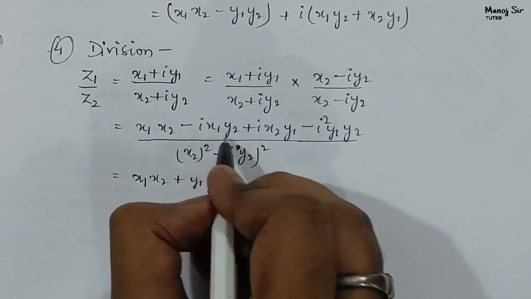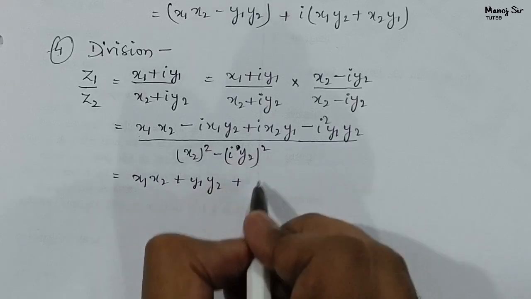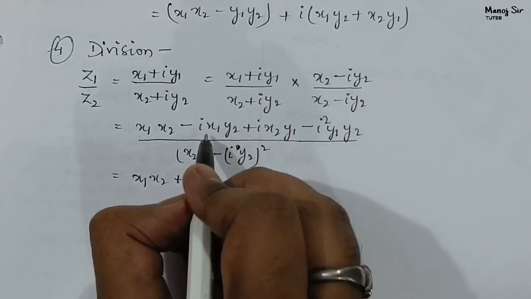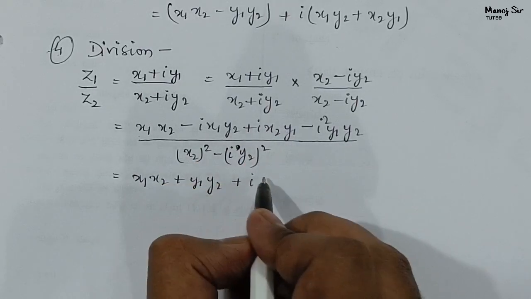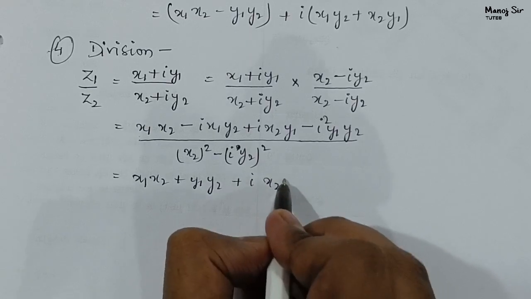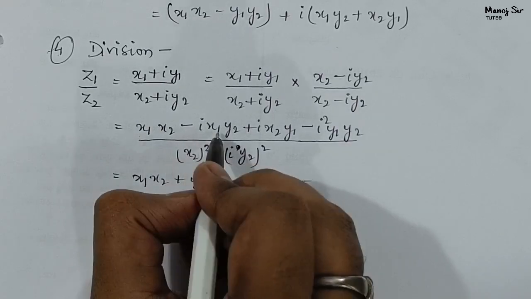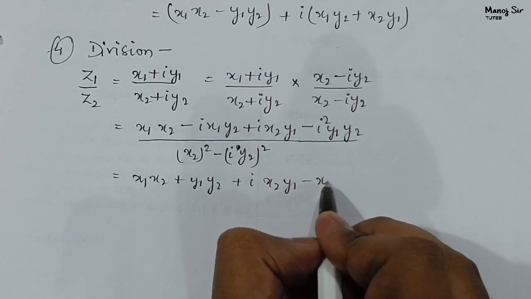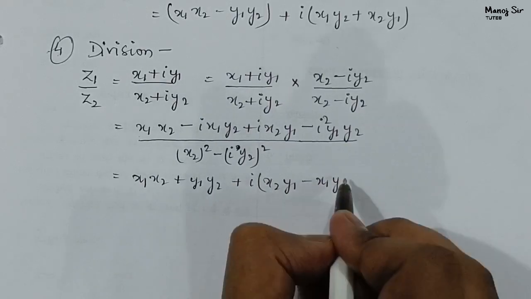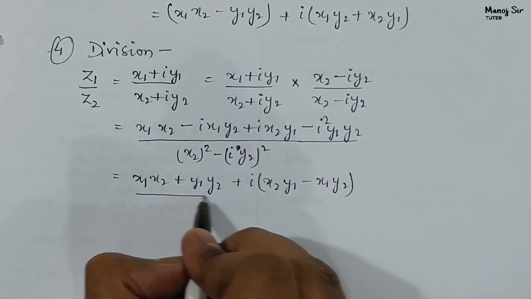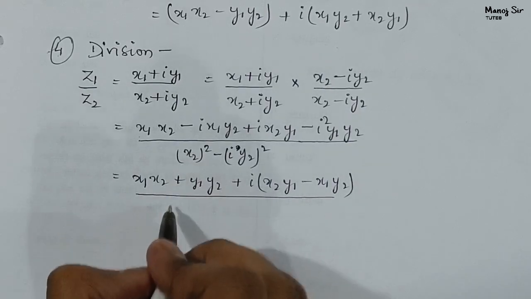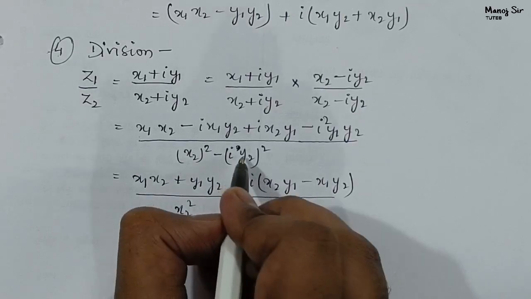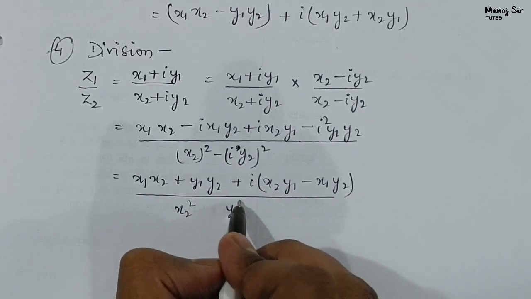Now coming to this part, we can write this as I, this is positive, this is negative, so writing in the first term, x2 y1 minus x1 y2, whole upon x2 square and y2 square.